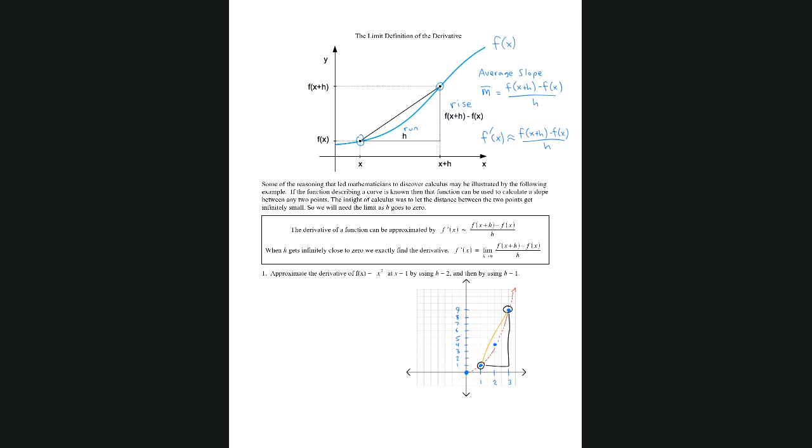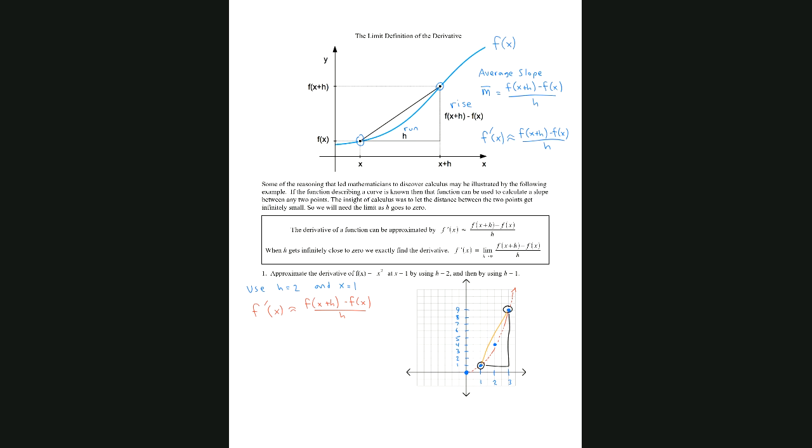So use h equals 2. The formula says that the derivative of the function is approximated by f of x plus h minus f of x over h. We want to use h equals 2 and x equals 1.